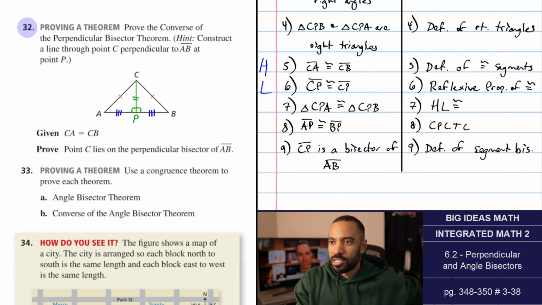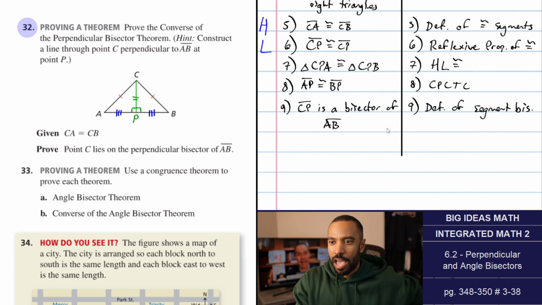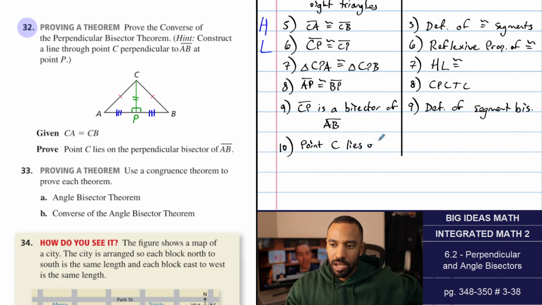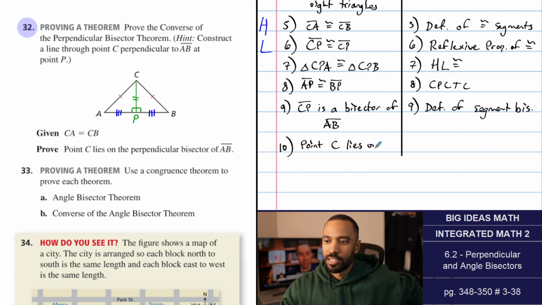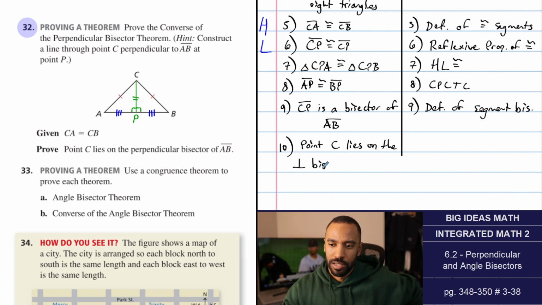And finally, statement 10, the proving statement. I've proven it. Statement 10, point C lies on the perpendicular bisector of segment AB. This is the definition of perpendicular bisector.